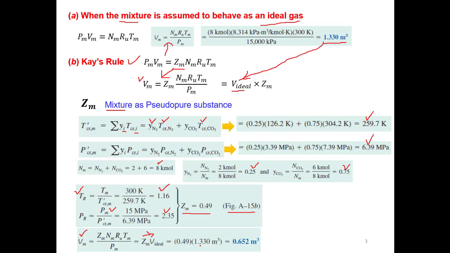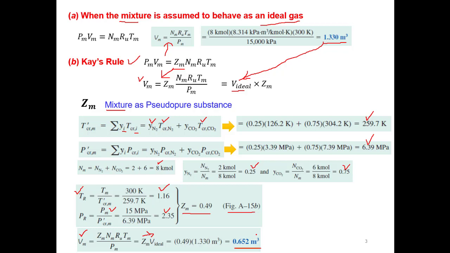So Zm is 0.49 times the volume of an ideal gas, 0.49 times 1.33, which is 0.652 cubic meter. That's very interesting. That means the actual real gas volume is about 49% of the ideal gas volume, which is a huge difference, right?